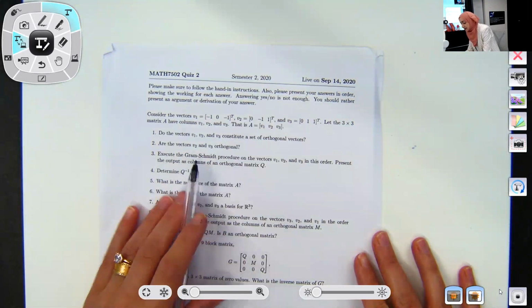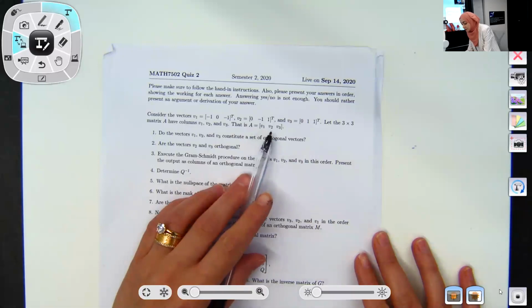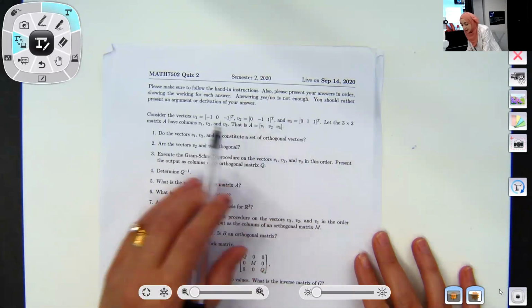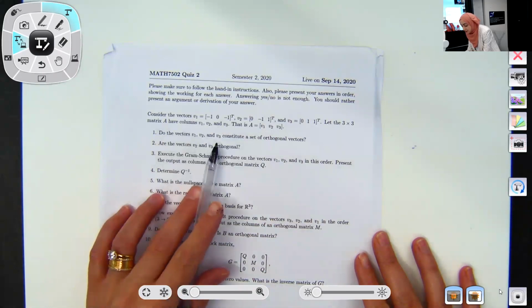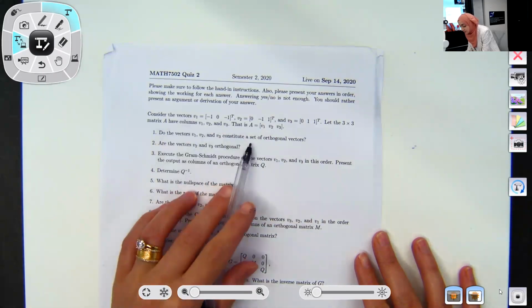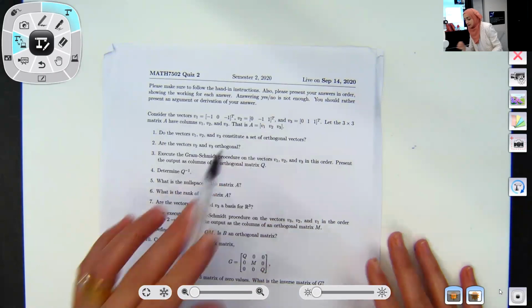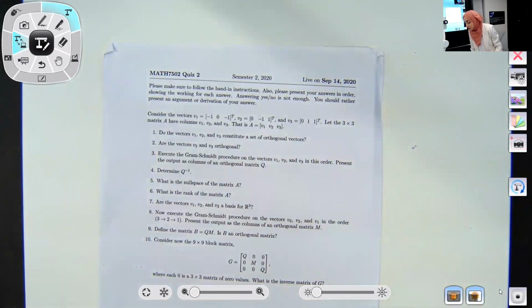That is, A is a matrix consisting of v1, v2, and v3. In part 1, they ask, do the vectors v1, v2, and v3 constitute a set of orthogonal vectors? To check that, we need to find an inner product between v1 and v2, v1 with v3, and v3 with v2. Let's start with question 1.